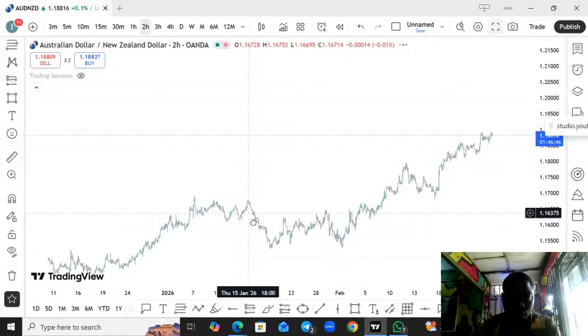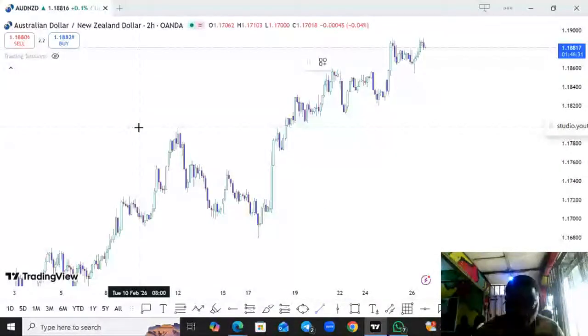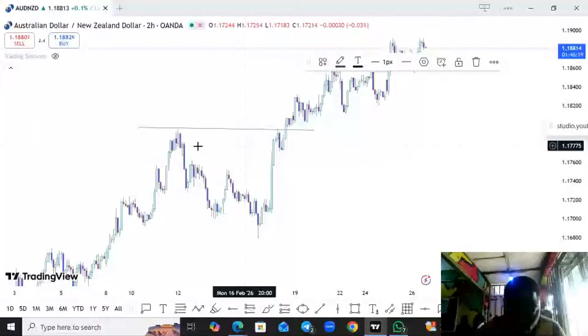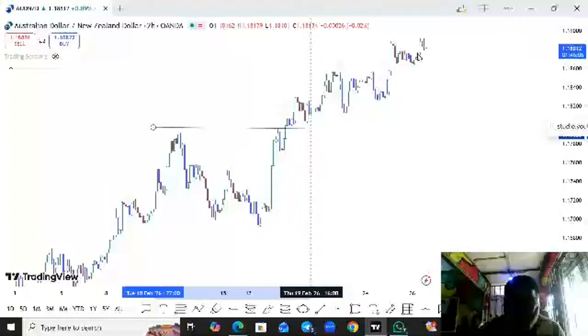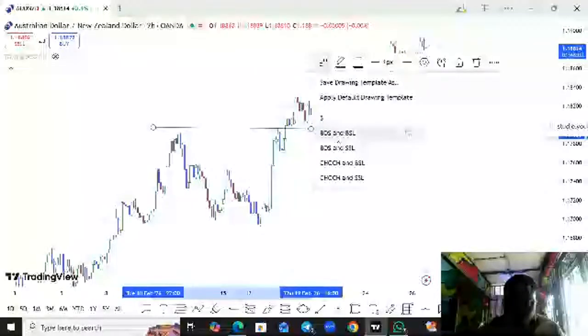So if it's a major break of structure, you mark it out this way. You have that break of structure.